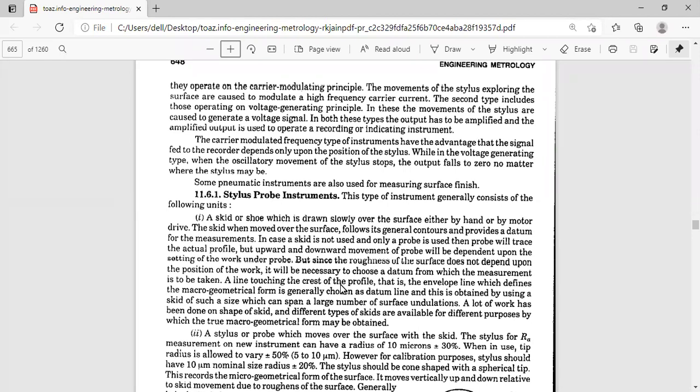Whenever you are trying to choose a skid, you have to choose a skid of such a size that it will be covering a large number of surface irregularities, the surface undulations.